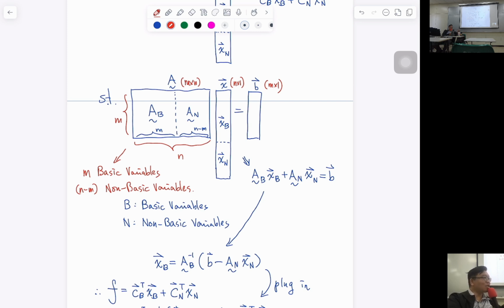So how many possible choices are there? Basically you have totally n variables, right? It's going to be a combination of n variables and you are choosing m. This is how in Taiwan we write Cn choose m.